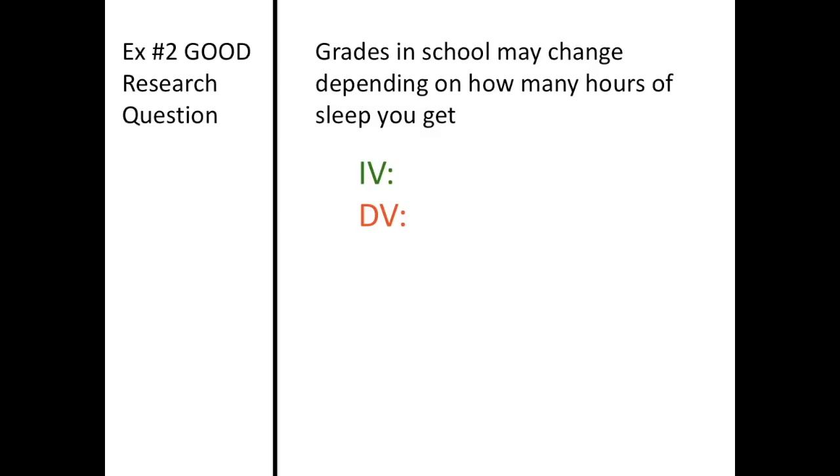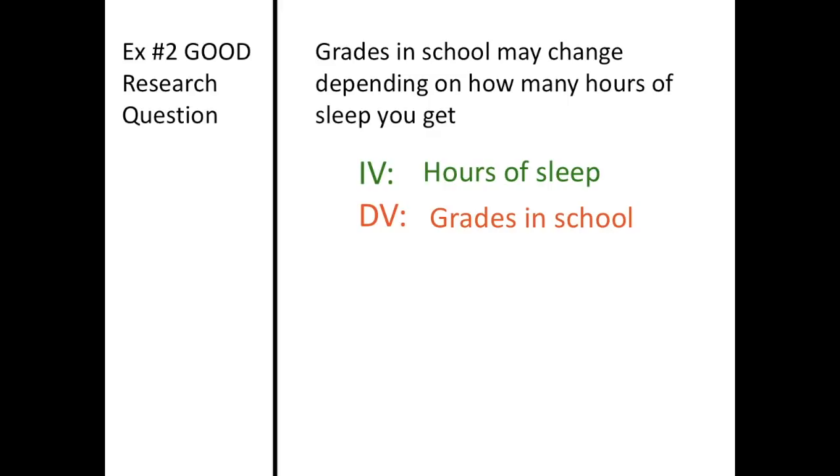Okay, so for this experiment, it is grades in school may change depending on how many hours of sleep you get. Your independent variable in this case is how much sleep you're getting, or the number of hours. Your dependent variable is the grades or your marks in school.